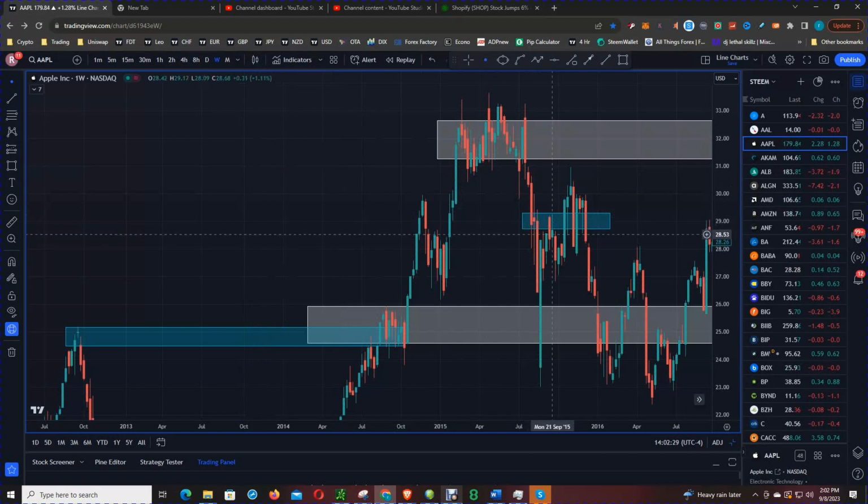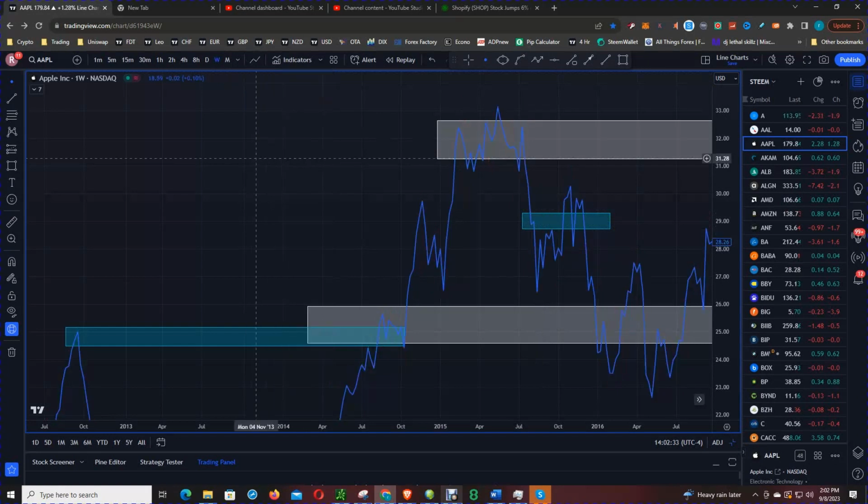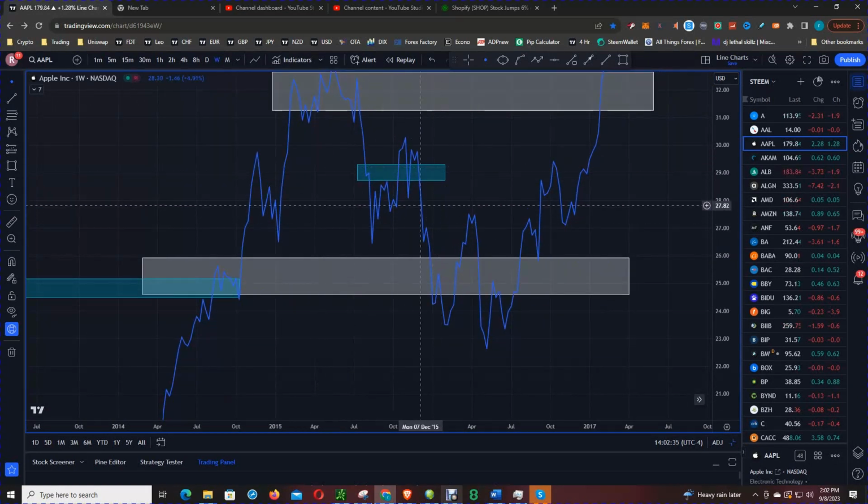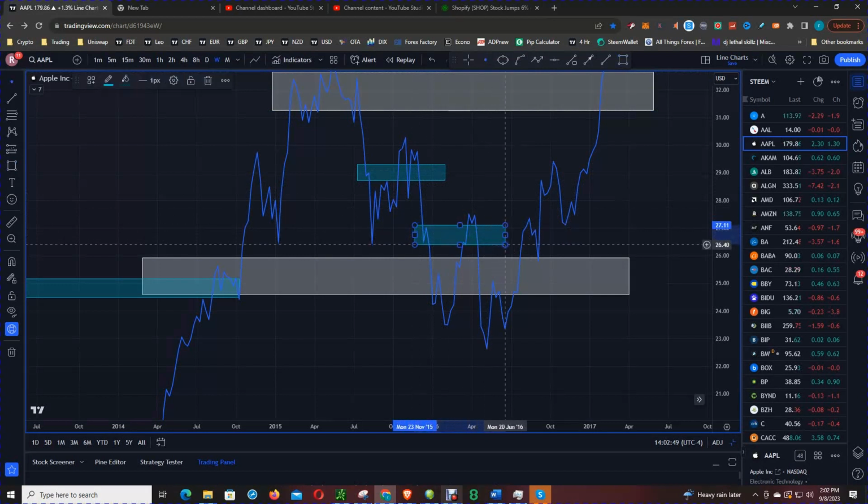Okay, so you had a little reaction there. Drop, base, drop. So now you're starting to see some of these bearish pattern formations. So this is a drop, base, drop. This is a rally, base, drop.